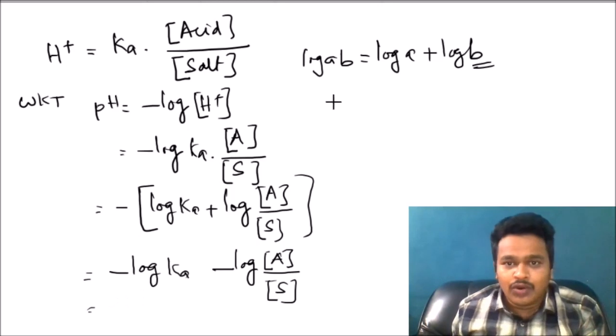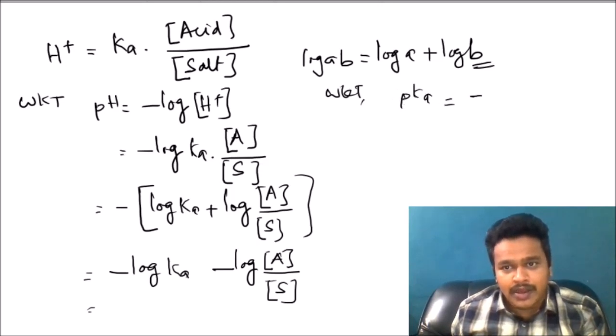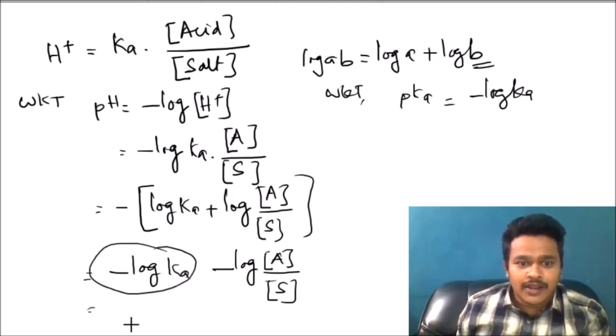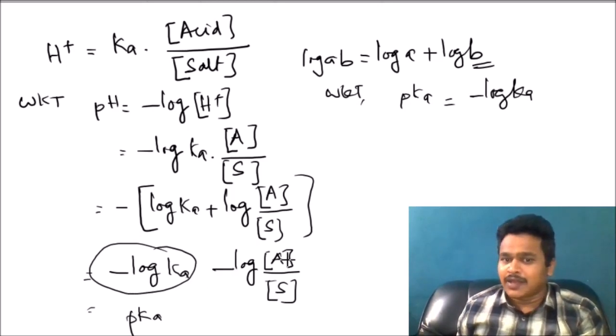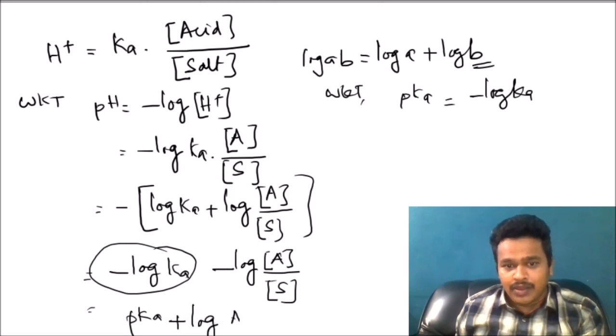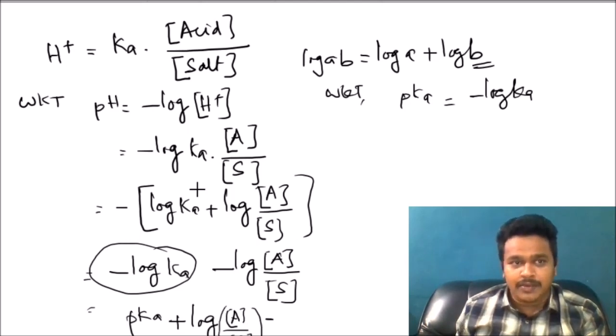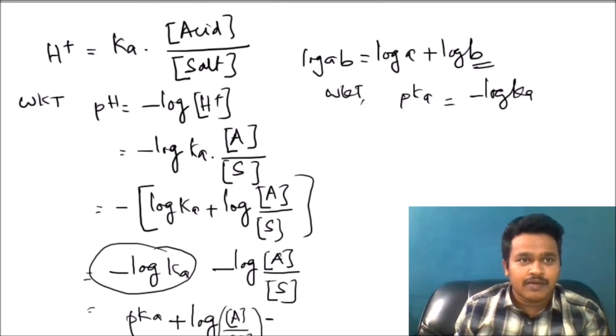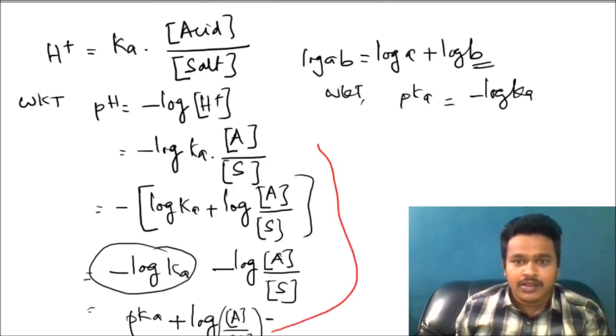Now we know that pKa is nothing but minus log Ka. Instead of this I will write pKa, and this minus I will send to this side and write plus log of acid concentration by salt concentration. Overall, a minus is coming. I will continue with some other color to avoid confusion.